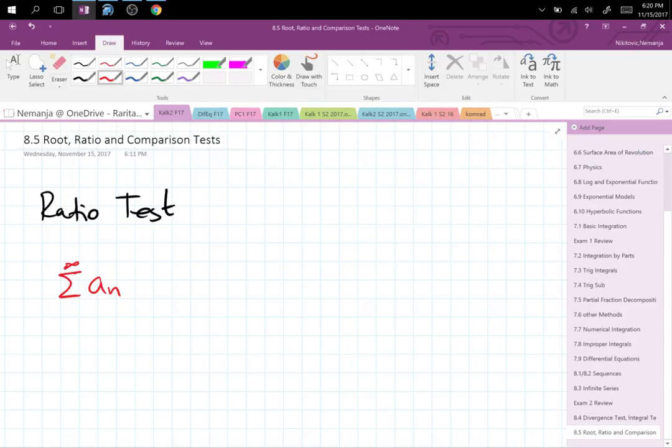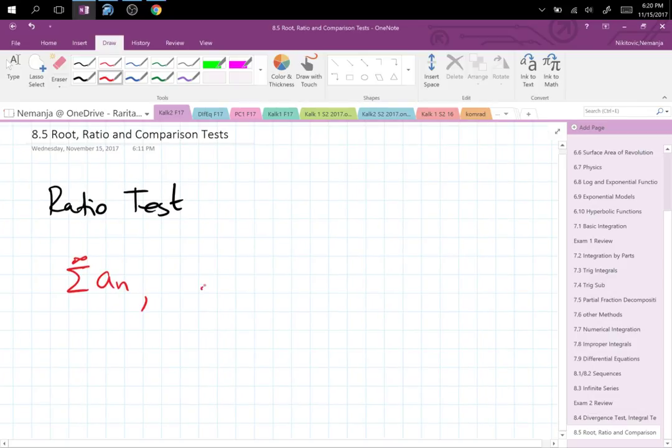Can start at 0, 1, whatever is allowed. So we have a series, and that series will converge or diverge by ratio test this way. You find the limit of the absolute value of an plus 1 divided by an as n goes to infinity.